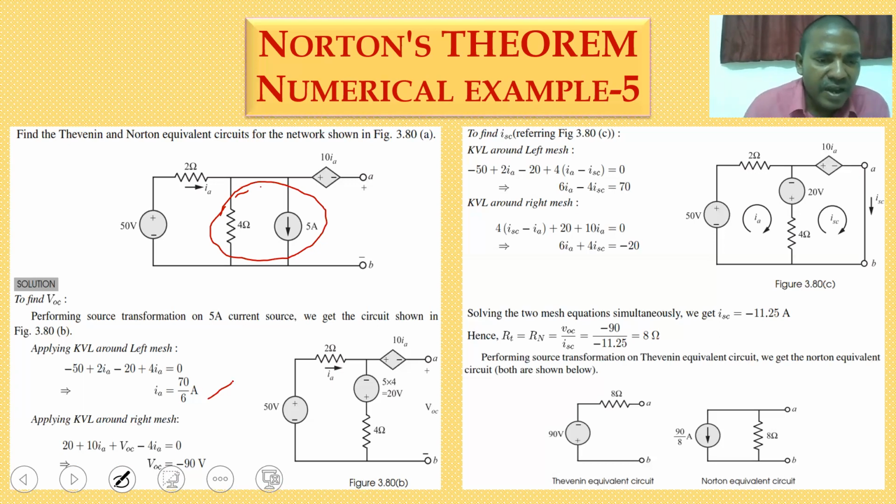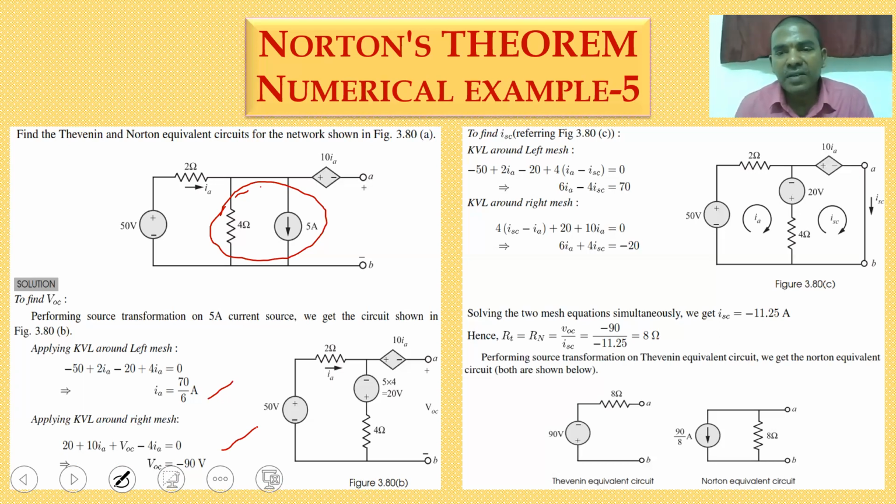So the IA value finally you are getting as 70/6 amperes. Then applying the right hand side, 20 plus 10 times IA plus VOC minus 4 times IA is equal to 0. So from this, VOC is equal to minus 90 volts. So this is the first circuit's equations and their values.